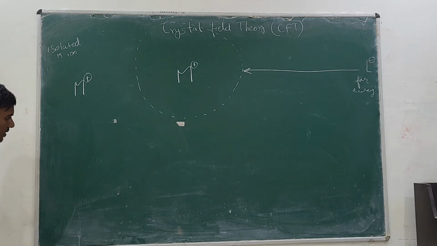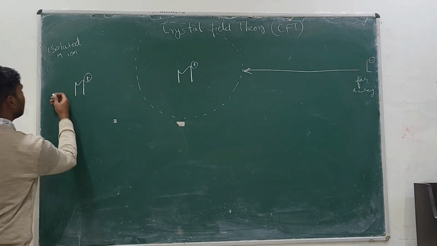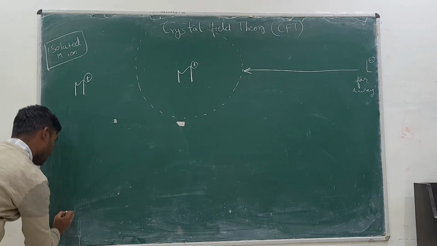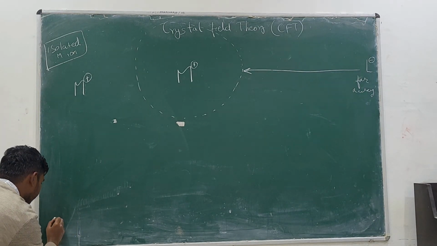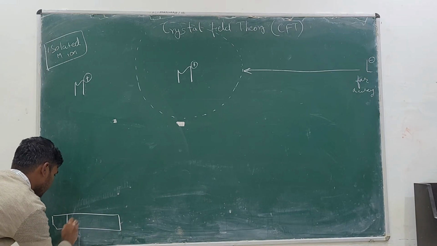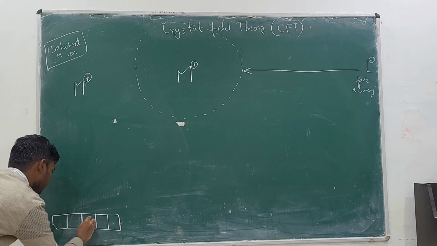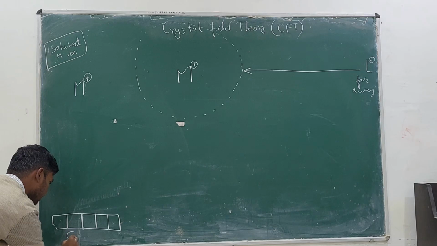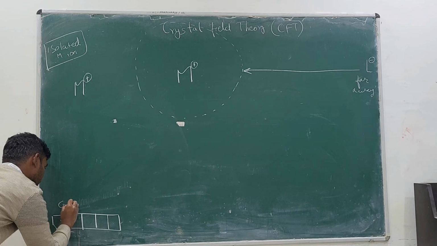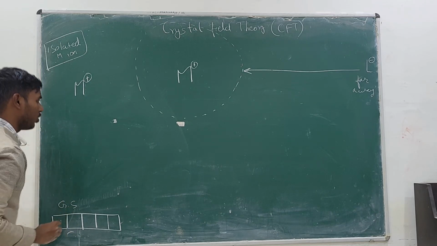So for the reference, I will say that this is our isolated metal ion. In this case, our d orbitals are in ground state. This is our ground state. Ground state d orbitals.